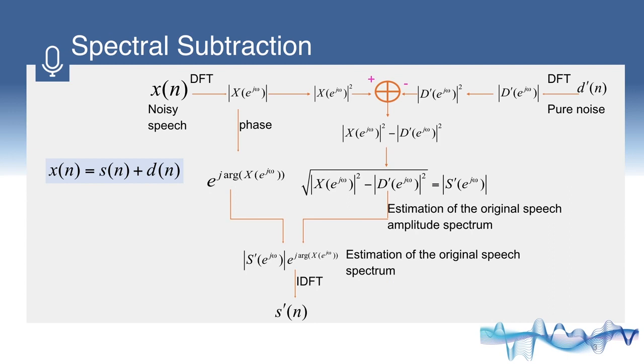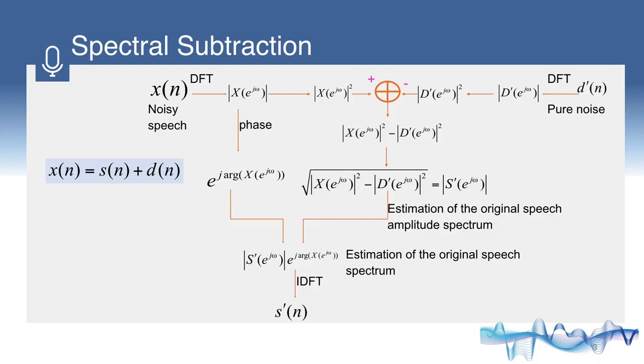As is shown in the algorithm flowchart, the estimated clean signal is obtained by subtracting the noise signal from the noisy speech, and the square of the amplitude spectrum of the pure noise is subtracted from the square of the noisy speech amplitude spectrum. Then, the original speech spectrum amplitude is estimated. Finally, the enhanced speech is obtained by IDFT through borrowing the phase of the noisy speech.